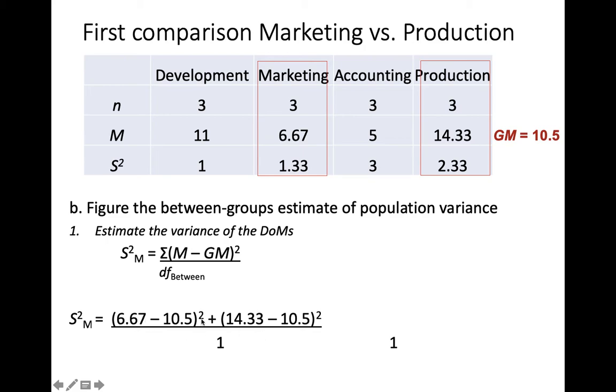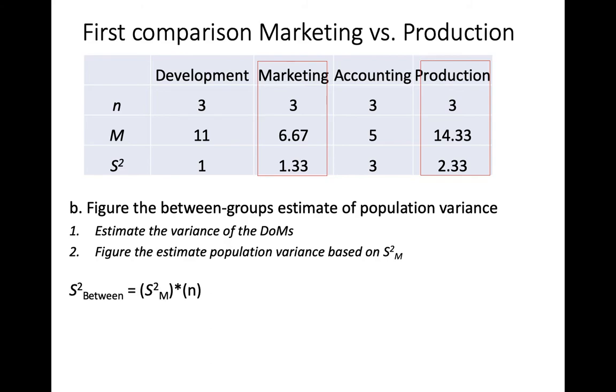Exact same calculation, exact same formula. Sorry, my animations are all over the place. We've got the deviation of each mean from the grand mean, square that, and sum those squared deviations. We're always dividing by 1 degree of freedom in a simple comparison. So our variance of the distribution of means is 29.34. And then we're going to multiply that by 3 to get our estimate of population variance using the between method.